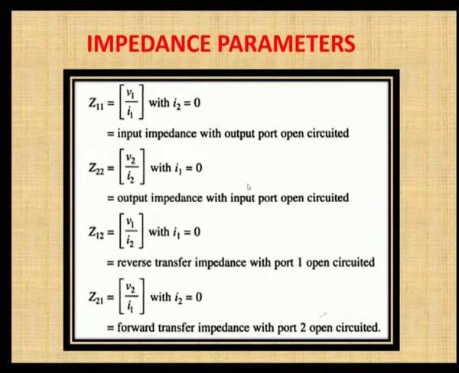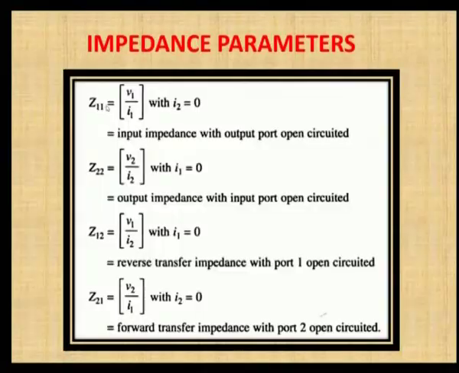I1 equal to 0 in the sense the input port must be open circuited. This Z11 is said to be input impedance, Z22 is said to be output impedance. And what are Z12 and Z21? Z12 is reverse transfer impedance and Z21 is the forward transfer impedance.